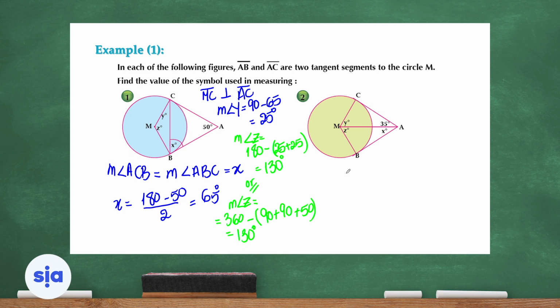From what we have studied from the corollary, you will see that AM bisects angles M and A. Therefore, x equals 35.